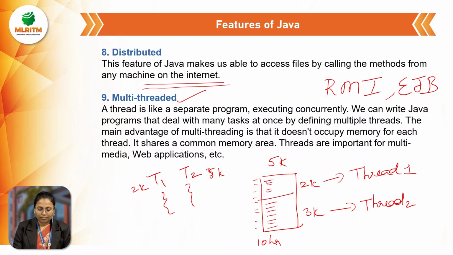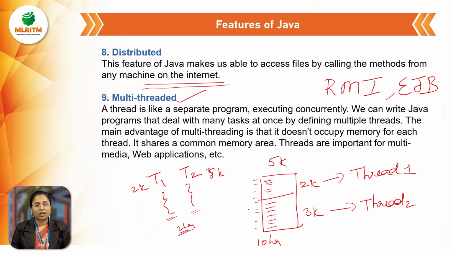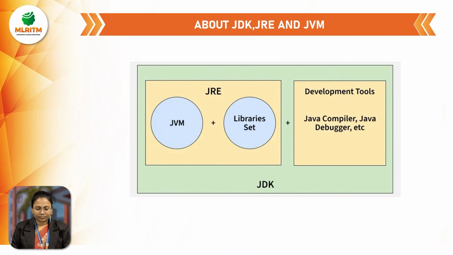But by applying the multi-threading concept, we group the independent lines of code, make them threads, and assign them to threads. Every thread will execute in parallel. So in this case, it may take only some 2 hours. Instead of taking 10 hours, we can execute the program in 2 hours. So this is the advantage of using the multi-threading concept.